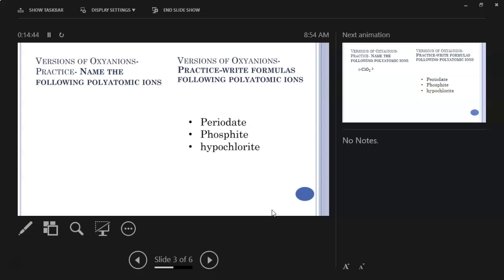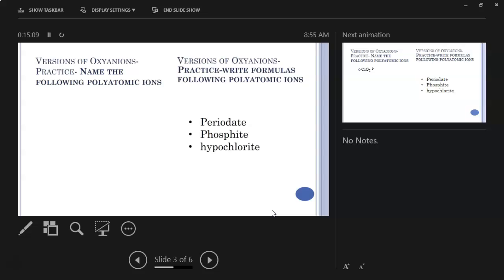So phosphite. So scan your list, and what polyatomic ion is very similar to phosphite? Phosphate. So phosphate is PO4 3-, right? So it ends in -ite, so what does that change for our oxygen? One less.